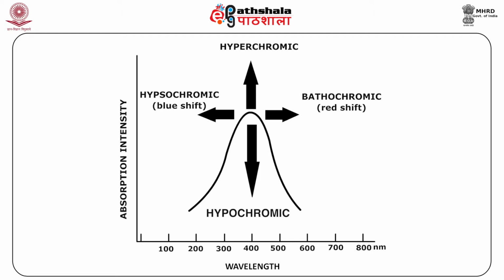Coming on to the third type of effect, which is known as the hyperchromic effect. It is an effect which results in increased absorption intensity. The introduction of an auxochrome usually causes the hyperchromic effect.